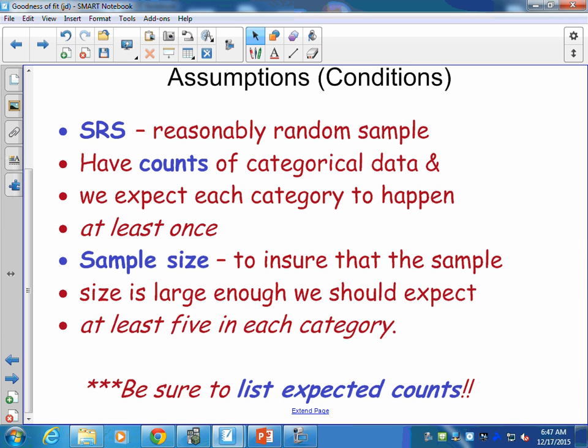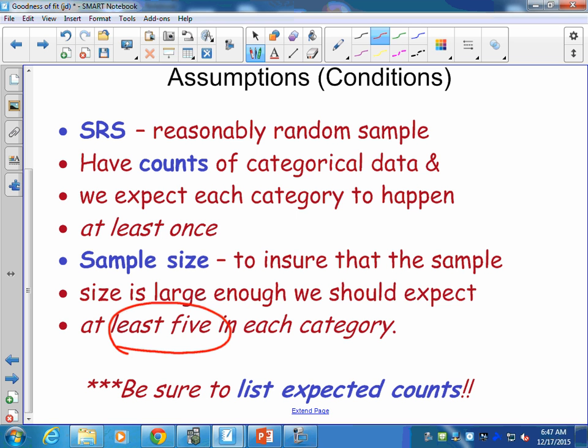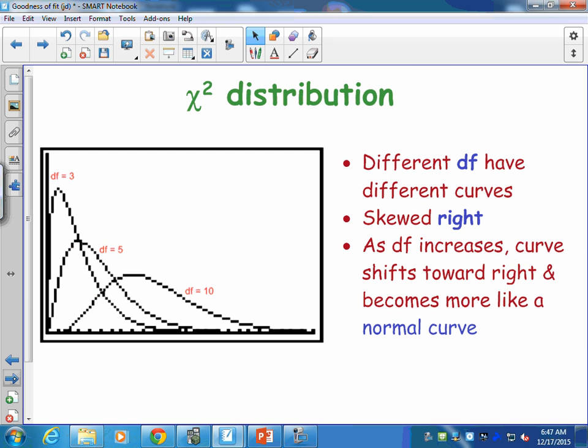And then the last piece that we need is our expected counts, and we'll see how we get those values, have to be at least 5 in each category. So all you need to do to verify these conditions is show your expected counts, and we build that within our table calculation-wise.